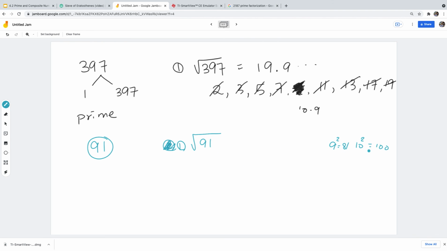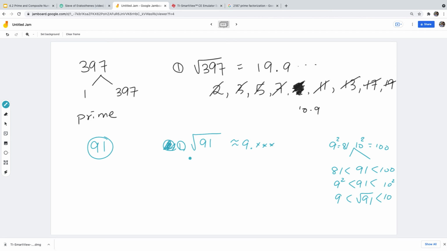So 91 is in between 81 and 100. 81 is 9 squared, and 10 squared is 100, so the square root of 91 should also be in between 9 and 10, right? That's how I get that the square root of 91 is about 9 point something.